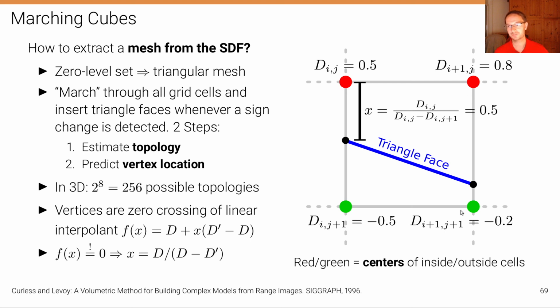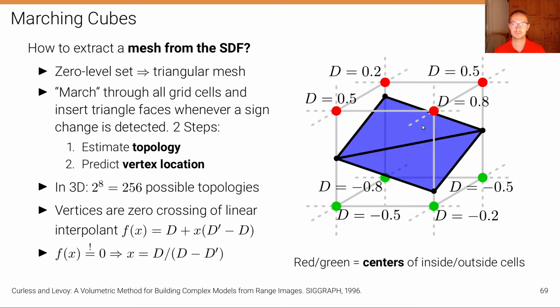In contrast, here on the right, we have 0.8 and minus 0.2. So this intersection is closer to here than to here, and so on. And so we get, also in the 3D case, first the topology, and then from the actual values, the vertex location.